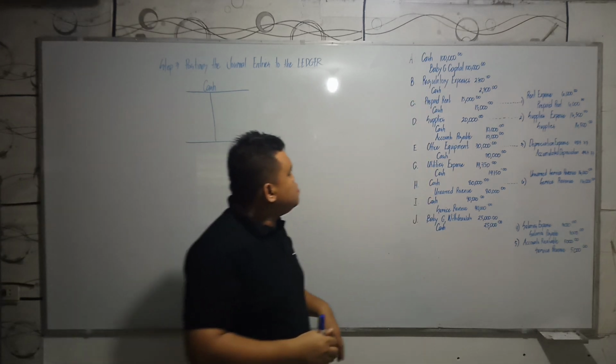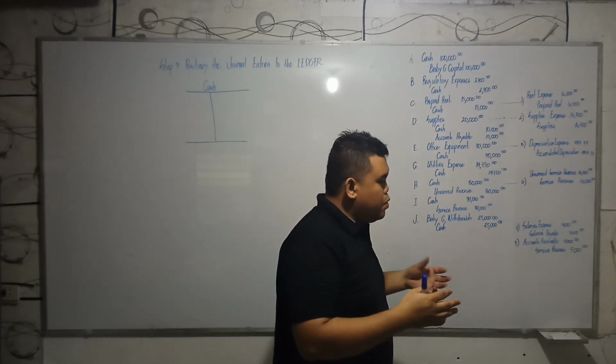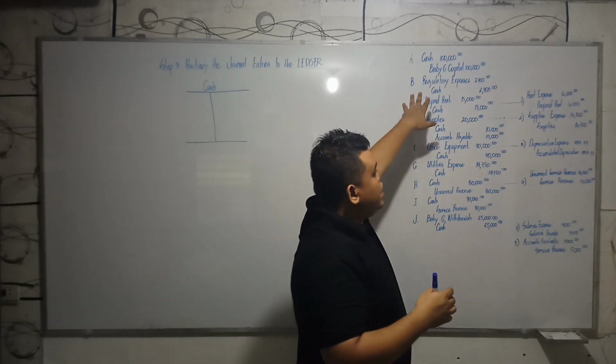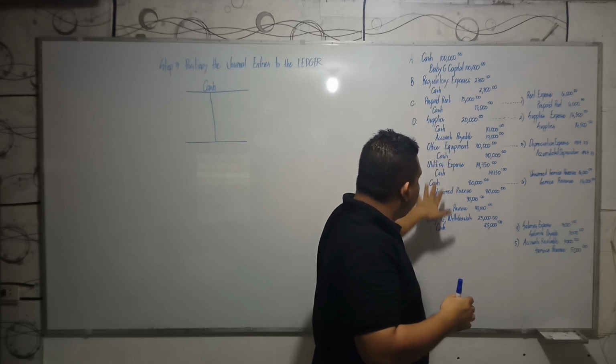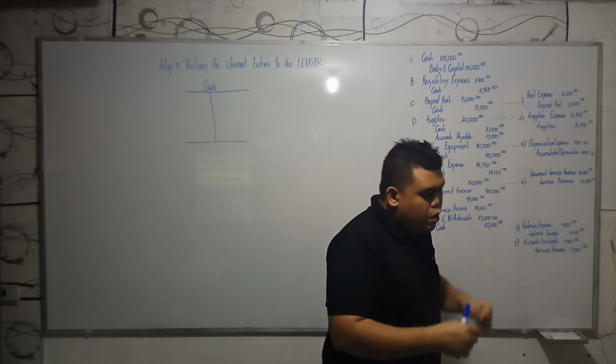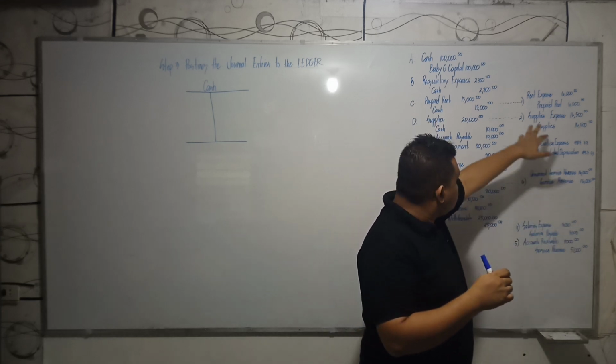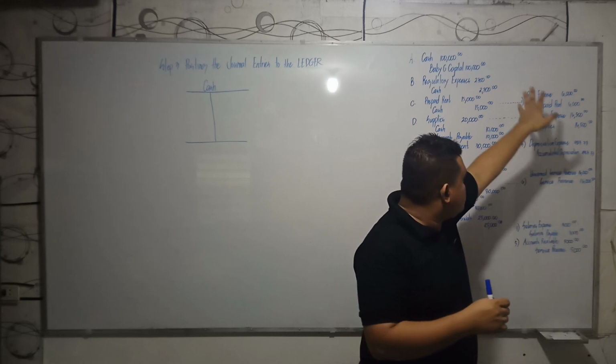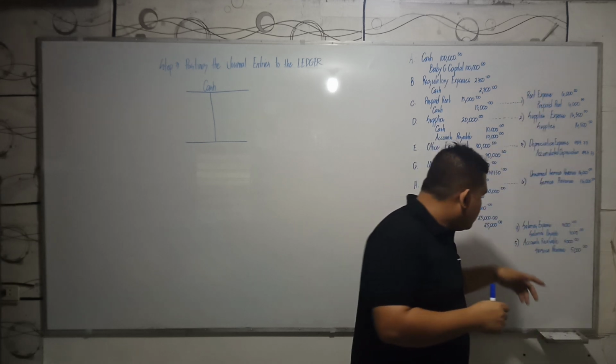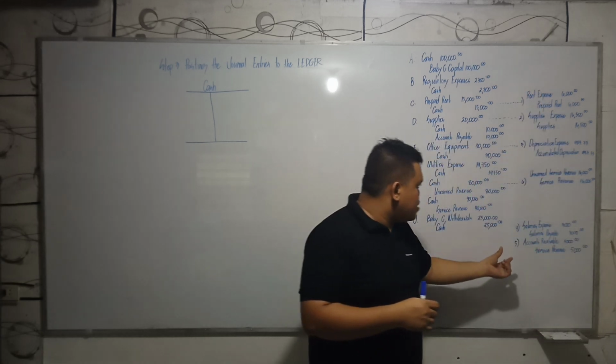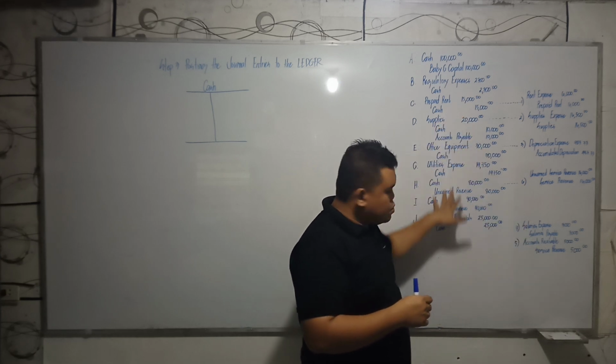So as much as possible, you have a T account for each of the accounts that you used here. Also, you need to get ready for those accounts that will be used on the adjustments, because there might be some accounts in the adjustments that are new, that are not used here.